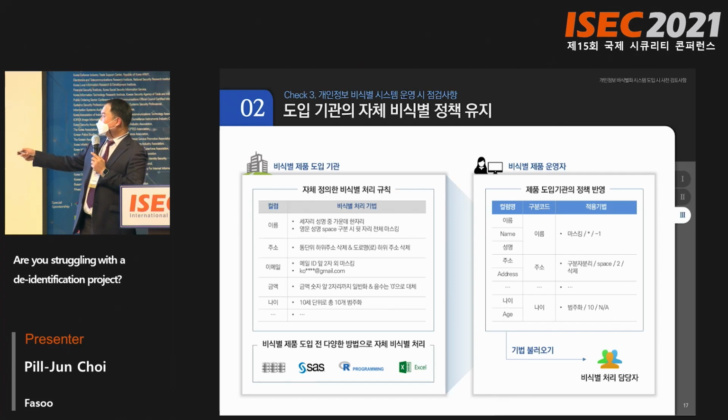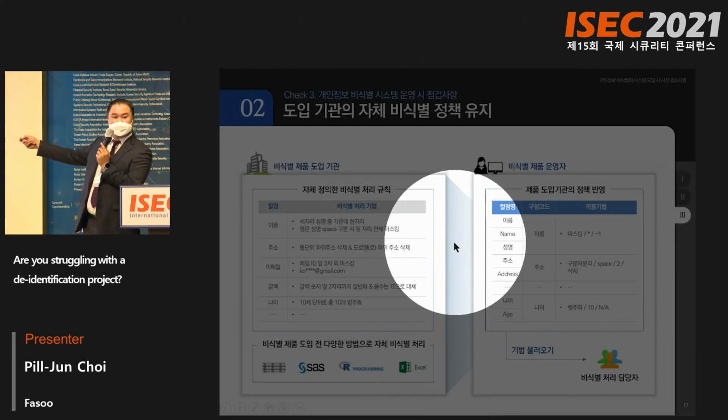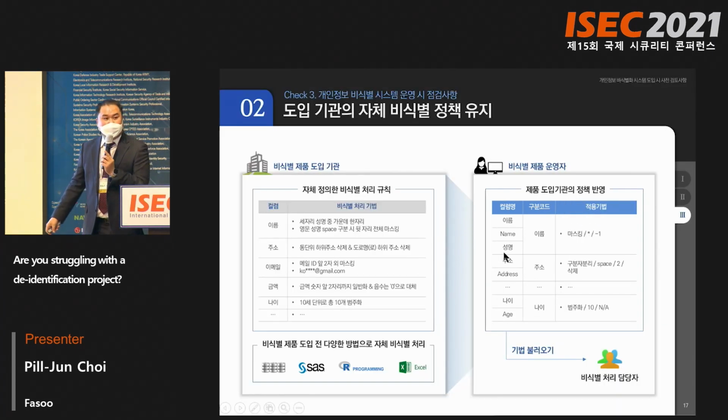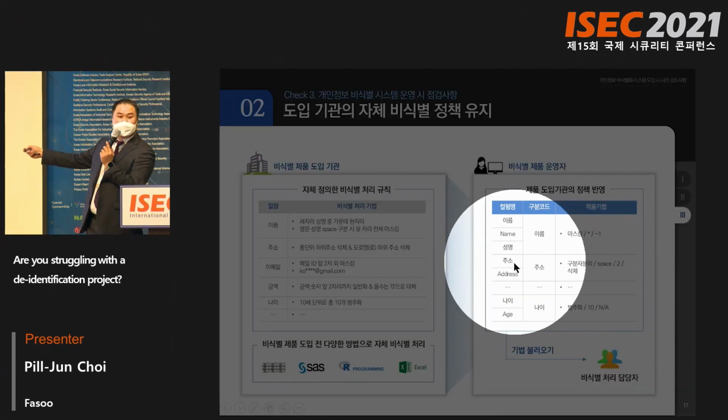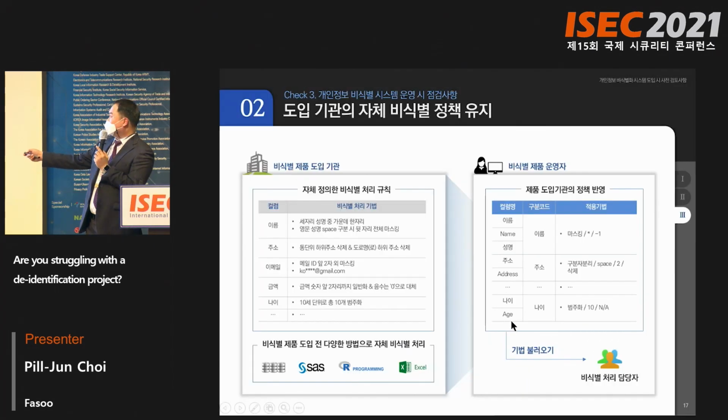Of course, you need to apply the existing solutions to the new system. So please check whether the previous techniques are incorporated into the new system, so that you can prevent any conflicts between the manager and the de-identification unit: name, address, and age. You need to process with masking and the delimiter in address.